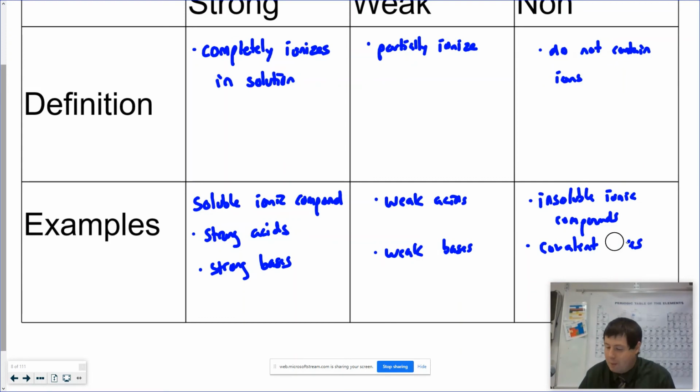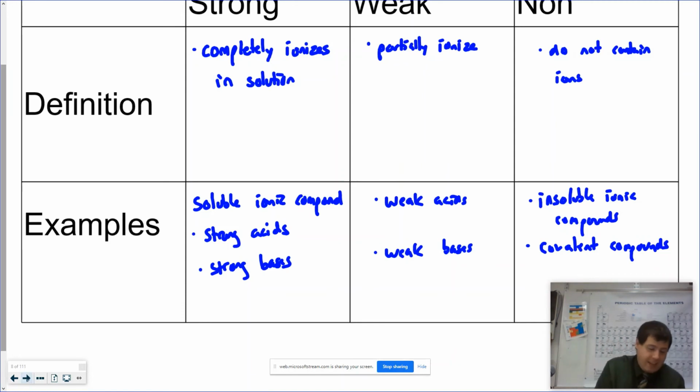And so that's how you figure out which one of these things a compound is, and that's how you determine whether it's strong, weak, or non. If it's a soluble ionic compound, it's strong. If it's a weak base, it's weak. If it's a covalent compound, it is a non-electrolyte.